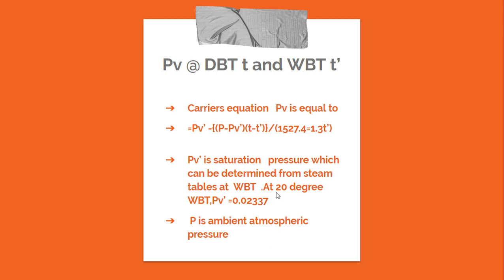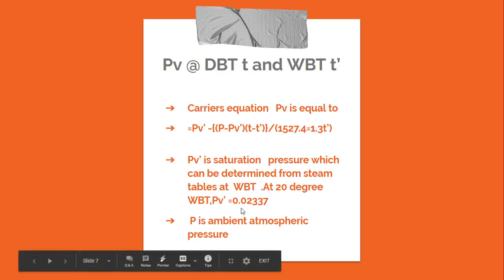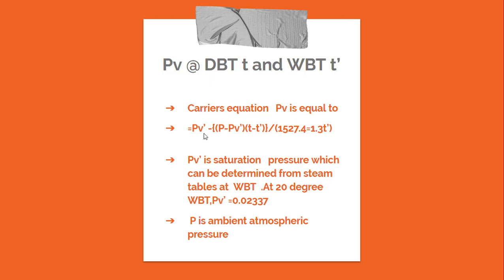You'll find that corresponding to 20 degrees centigrade in the steam table, you will have this value. So this value is known as PV dash. PV dash is the saturation pressure corresponding to the wet bulb temperature.